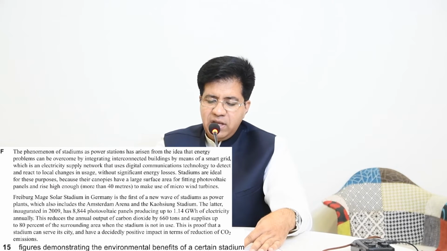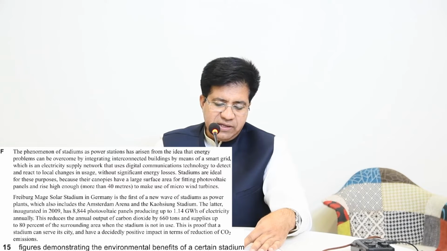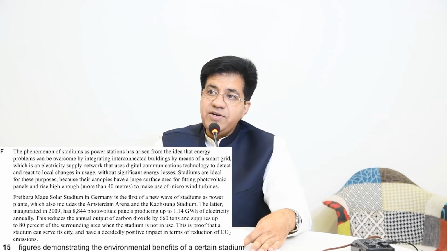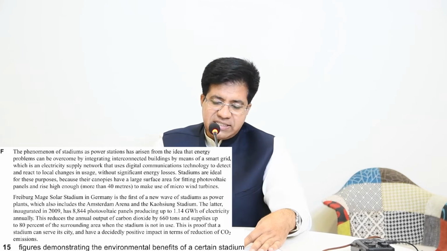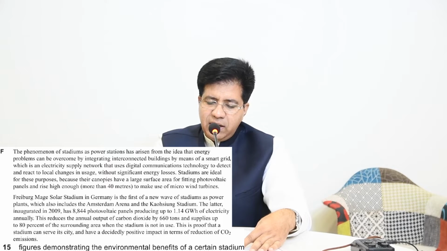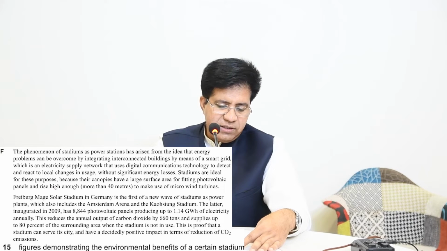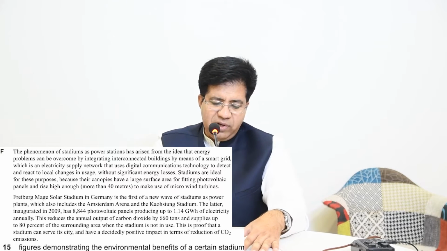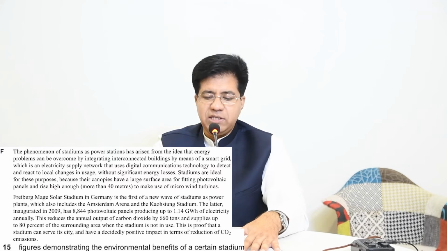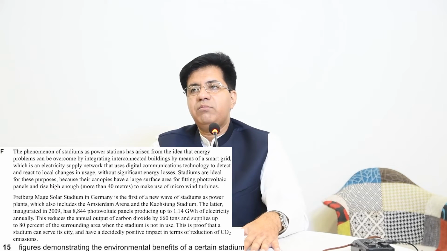So what's the question? Figures demonstrating the environmental benefits. What are the figures? 660 tons. These are the figures. And how is it demonstrating the environmental benefit? Reducing the annual output of carbon dioxide. Okay, so the answer to question number 15 is F.